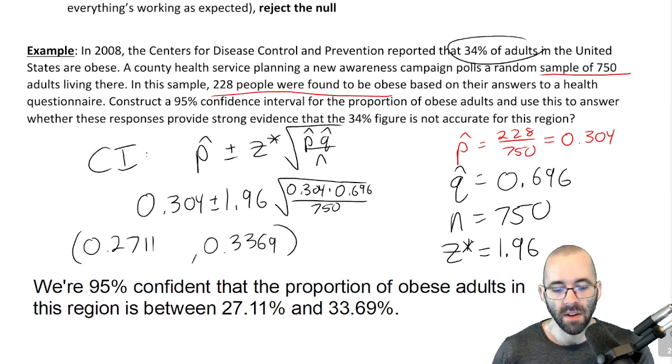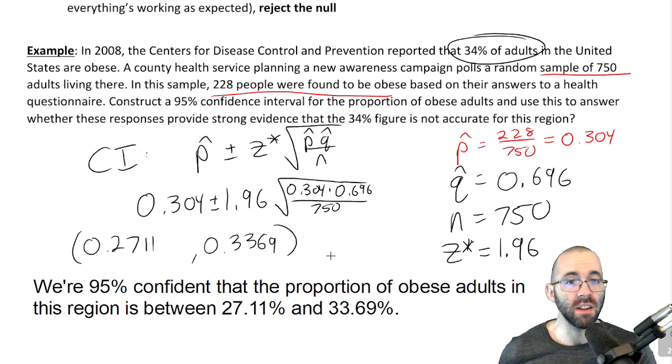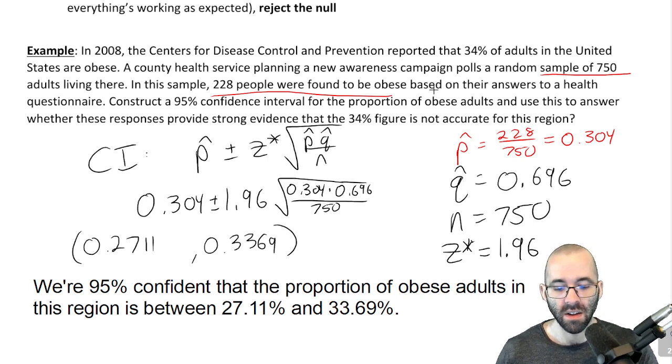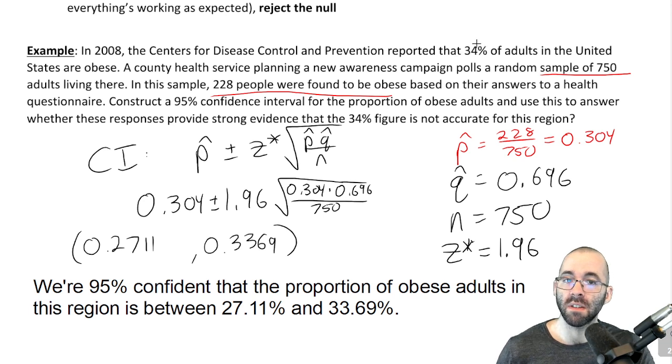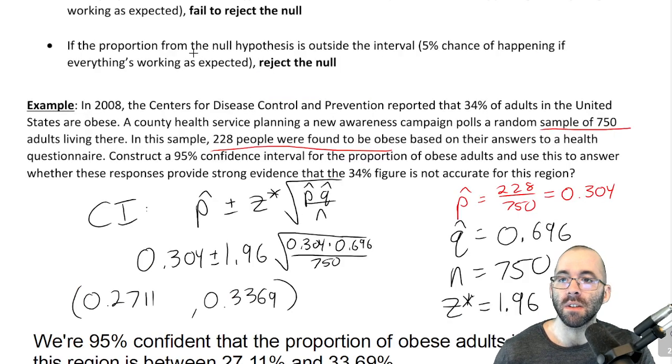So if the claim is 34%, notice 34% is outside that region. 95% of the time, we would expect this to be inside. This doesn't prove that there's a difference, but it makes us suspicious.